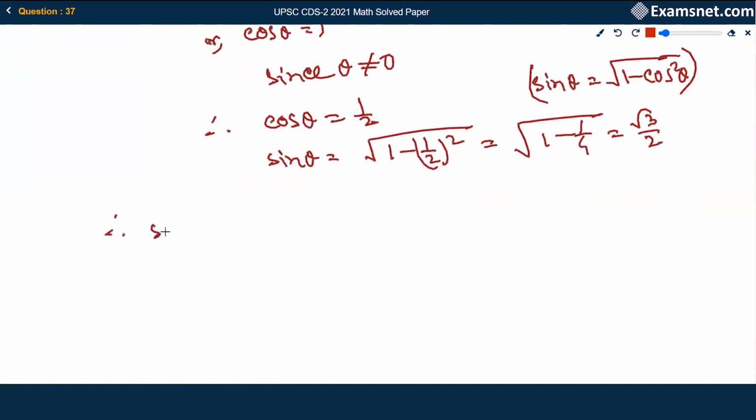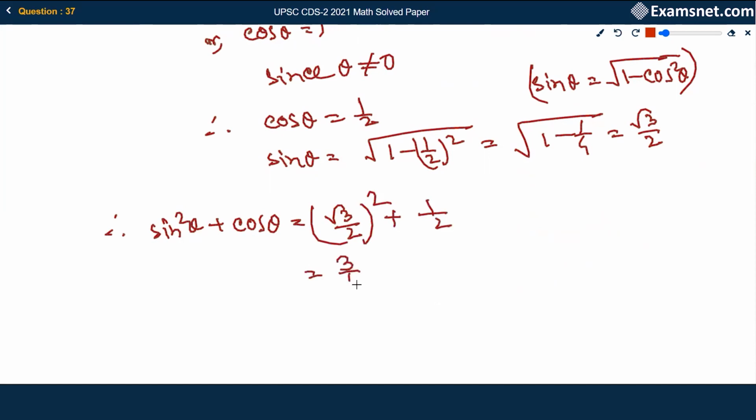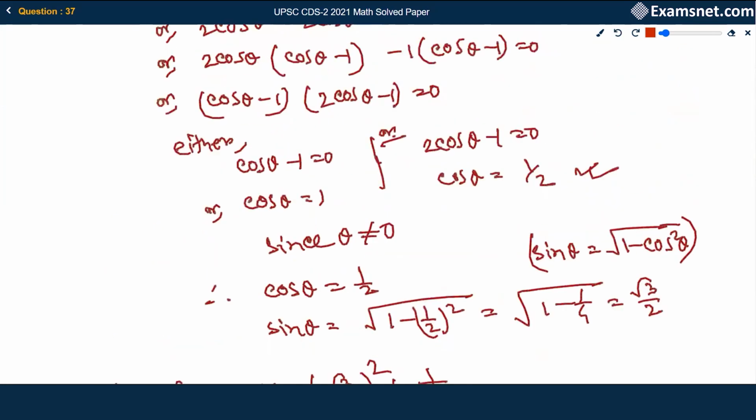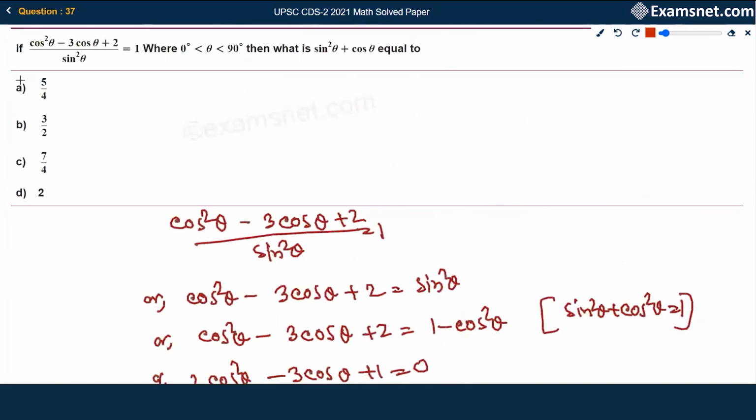Therefore, sine square theta plus cos theta is root 3 by 2 whole square plus half, which is 3 by 4 plus half, that means 3 by 4 plus 2 by 4. So 5 by 4 is the answer. Here option A is the correct answer: sine square theta plus cos theta equals 5 by 4.